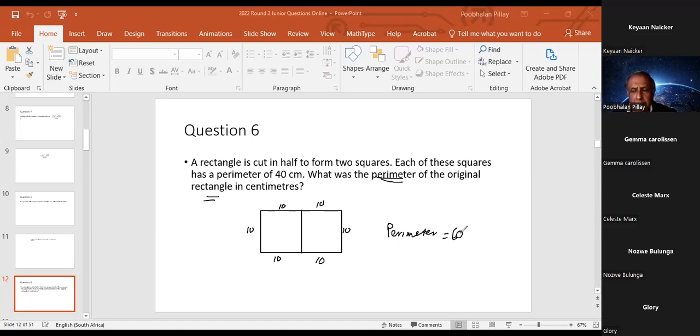The units are given as centimeters. So that's straightforward. The important thing is understanding that the rectangle is cut in half. So you have to draw the rectangle nicely so that you can get 2 squares out of it. Once you do that, then the rest of it is easy.